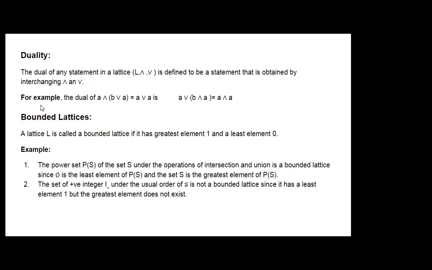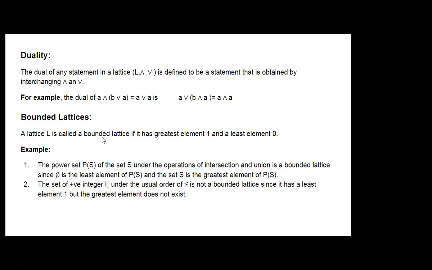Okay. The example given here is A intersection B union A is equal to A union A. Dual of this, what is it? A union B intersection A is equal to A intersection A. Okay. This is the duality of this lattice.